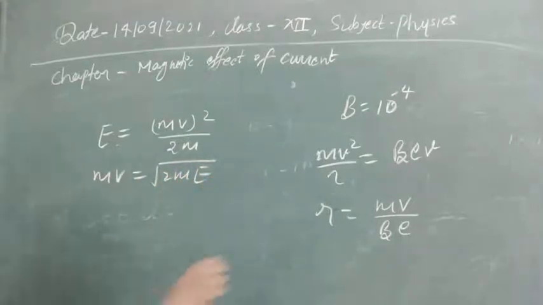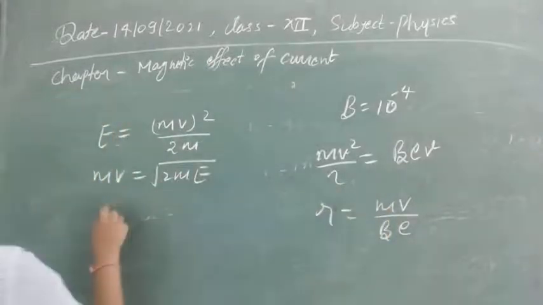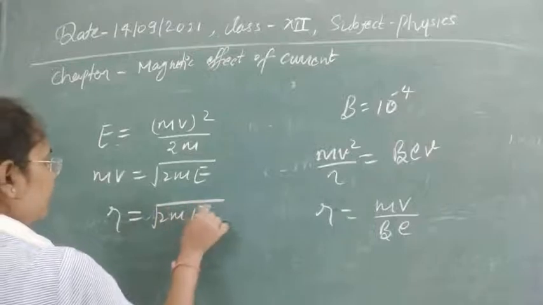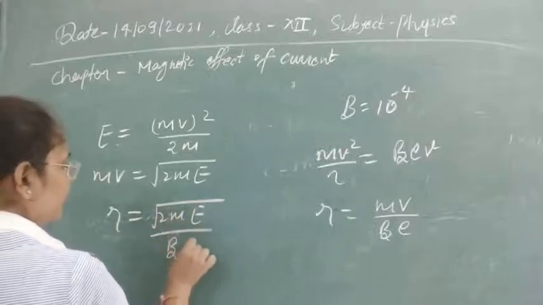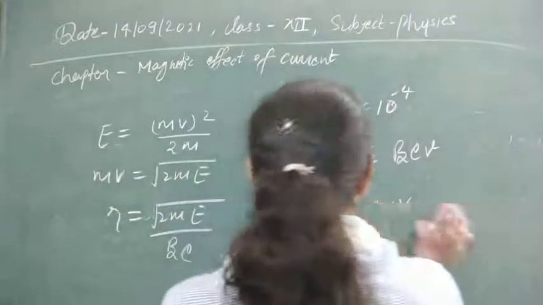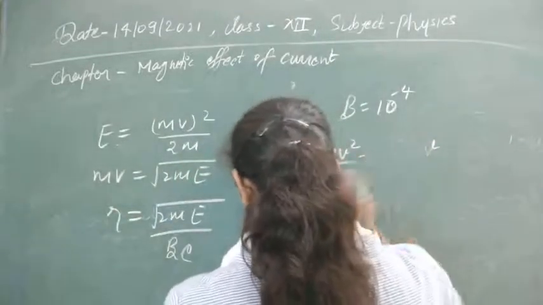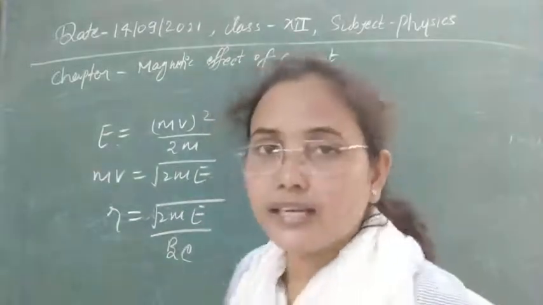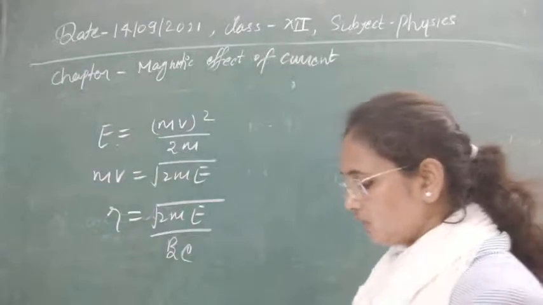So finally, in place of R we can write root of 2mE upon eB. Now all the values we have, we can put in and solve to find the radius of the circular orbit on which the electron is moving.